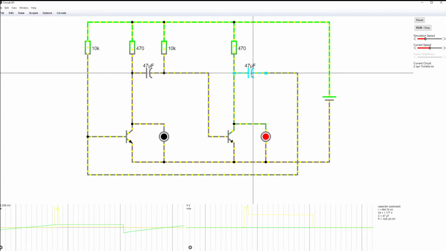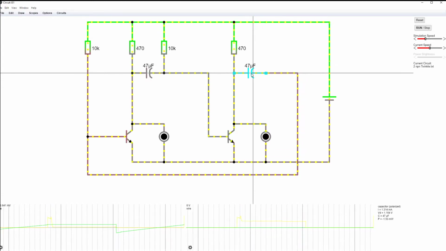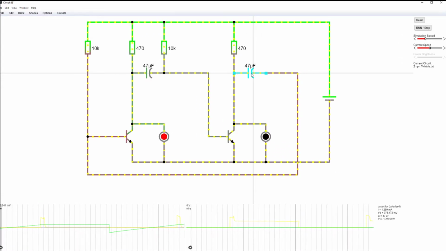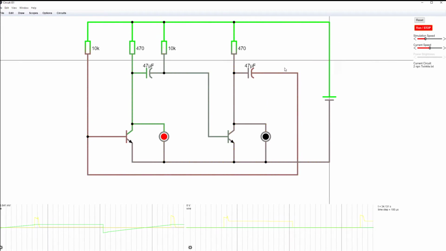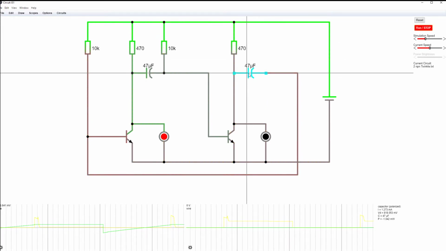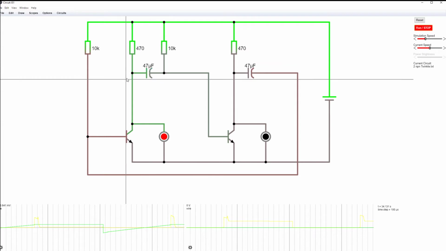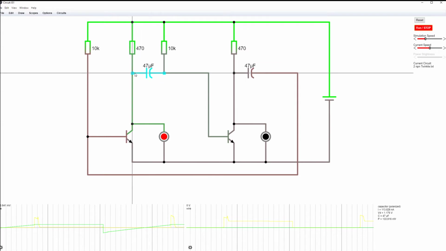If we hover over it, we can see the voltage difference across that capacitor is about 1.1. On this side of the capacitor, the positive side, it's about 1.8, and on the negative side it's about 0.6.